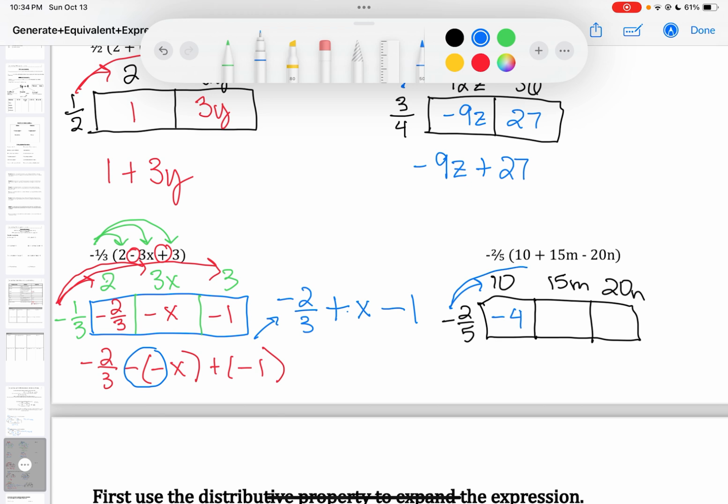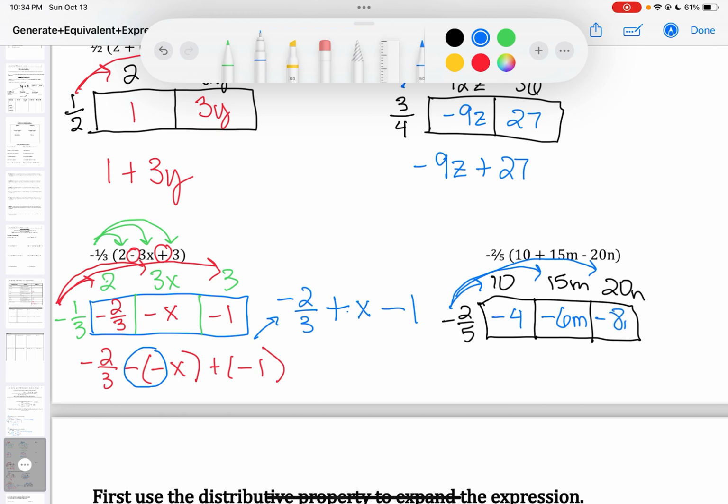Now we're going to do the same thing with 15m. So negative 2/5 times 15 is 6. Sorry, negative 6. And we're going to keep our variable the same, so negative 6m. And then negative 2 over 5 times 20 is -8.